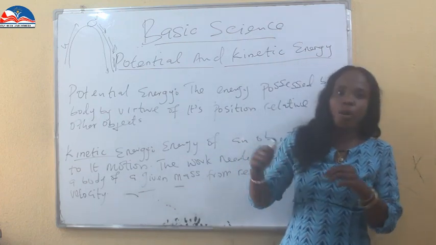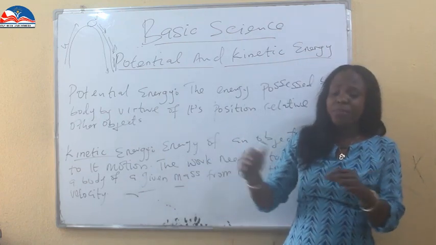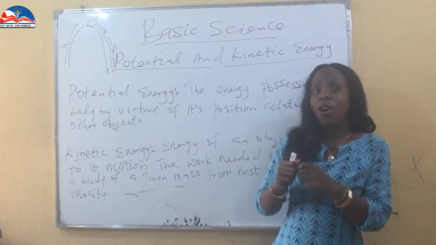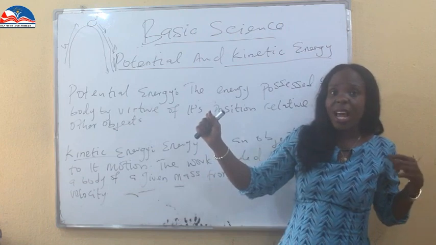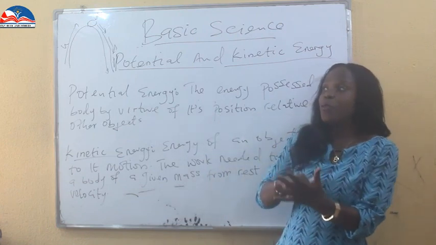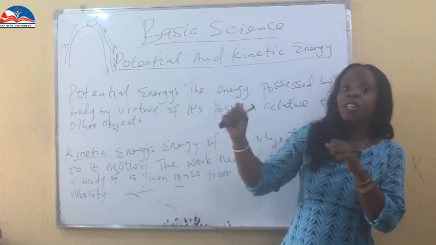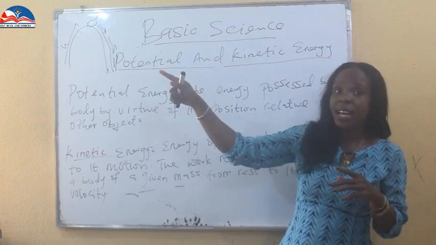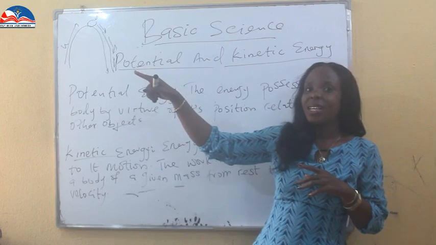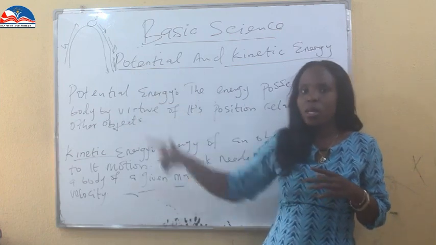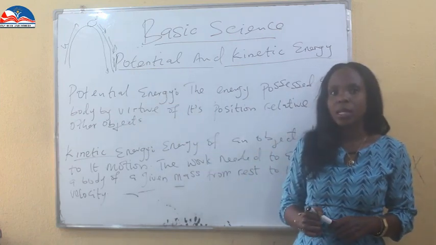You stretch your bow. The process of putting in muscular energy of stretching and it moving, the movement from the initial body to hit a target, the speed it moves with, that motion is kinetic energy.